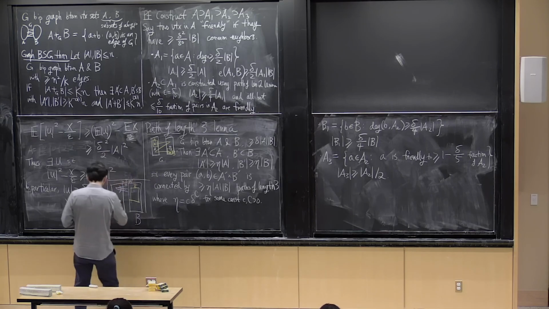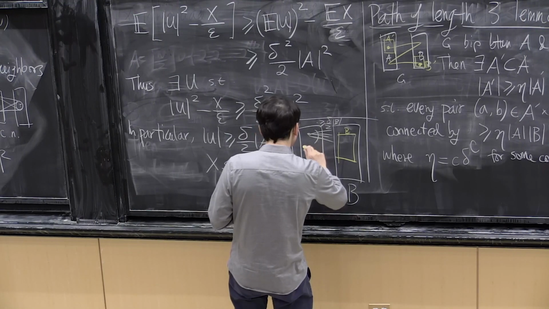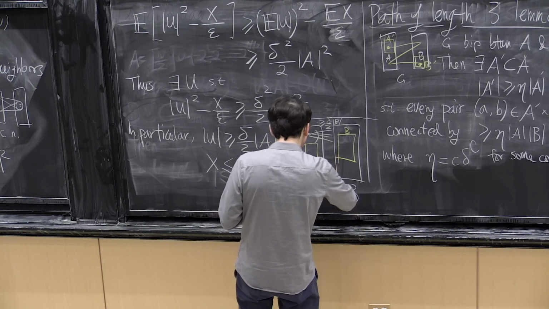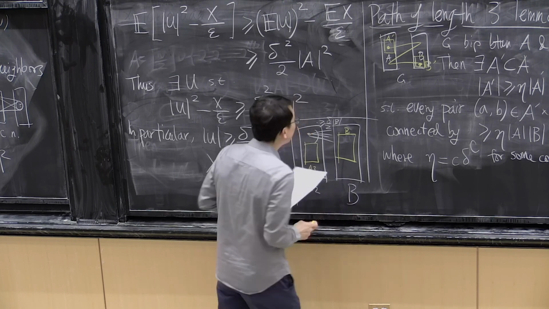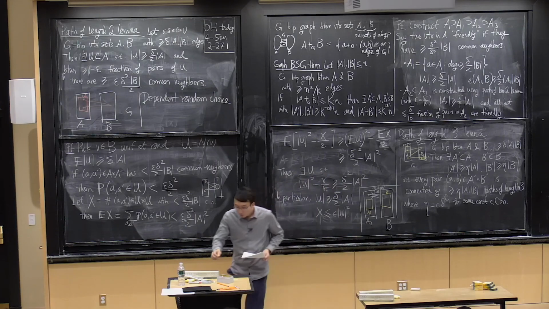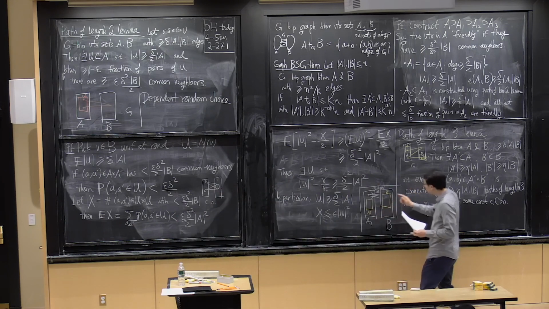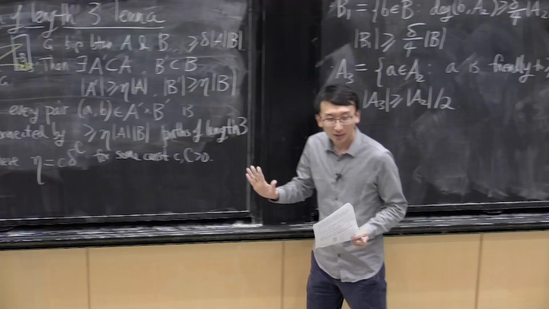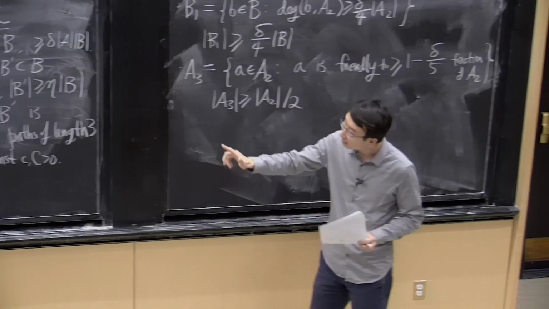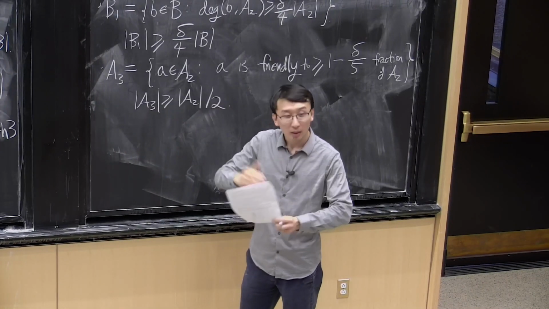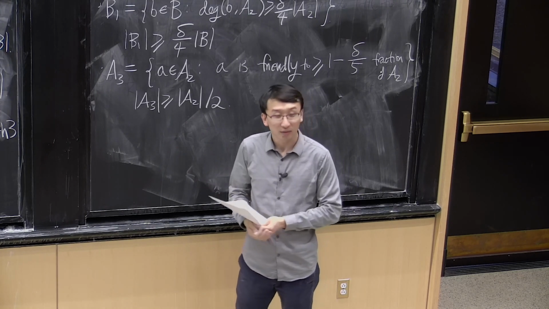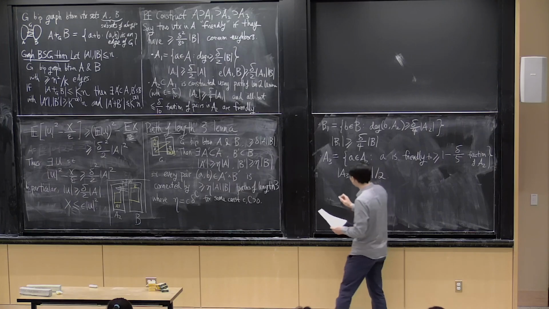So we have this A3 inside. All right. So now I claim that we can take A3 and B1 as our final sets, and that between every vertex in A3 and every vertex in B1, I claim there must be lots of paths of length 3. But first, let's check their sizes.